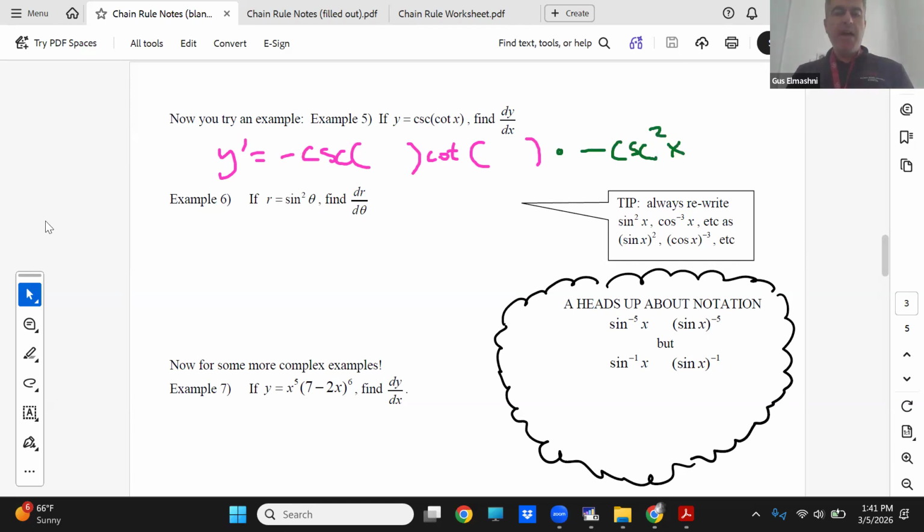Correct. But inside, I have to keep the inside intact, and there's nothing else I can do about it. I can't combine the negative cosecant cotangent x with negative cosecant squared x because their inputs are different. So I just leave it alone. Don't touch it.